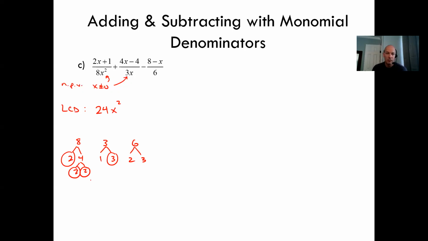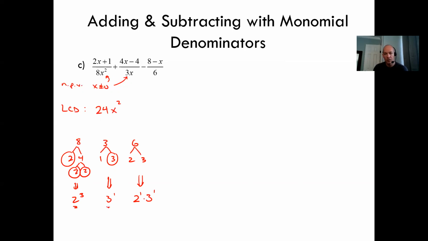You could write 8 as 2 cubed, 3 as 3 to the power of 1, and 6 as 2 to the power of 1 times 3 to the power of 1. What you do is you go through and look for each different factor.